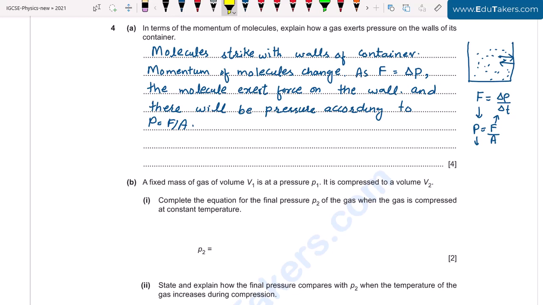Part B. A fixed mass of gas of volume V1 is at pressure P1. It is compressed to a volume V2. 1. Complete the equation for the final pressure P2 of the gas when the gas is compressed at constant temperature. Here temperature is kept constant and we have to find out the final pressure. We know that here Boyle's law is used.